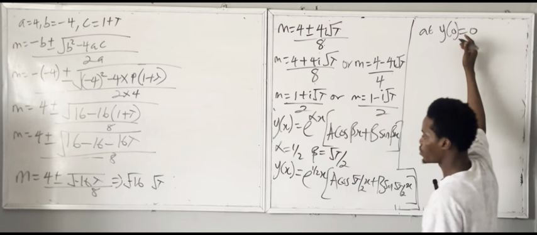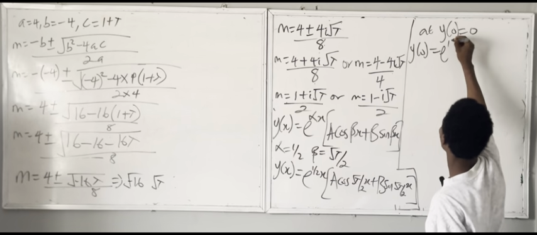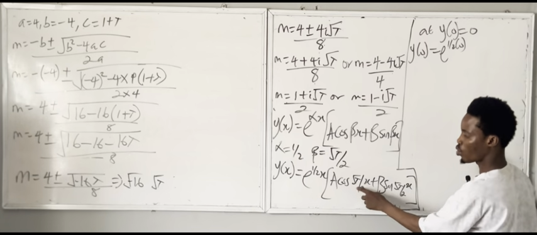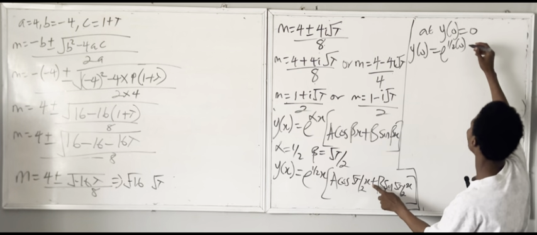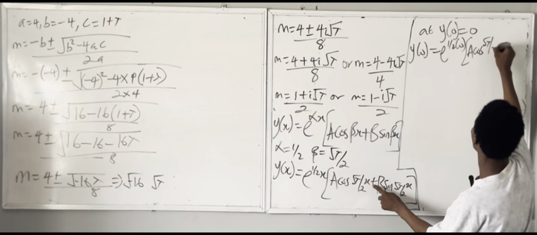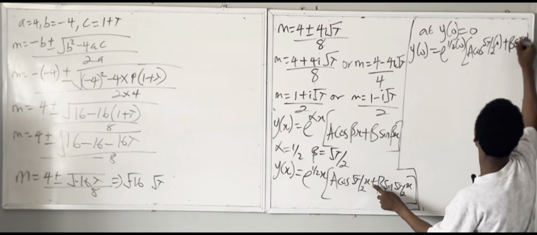So that means x is 0. So if I put 0 here, I'm going to have A cos of square root of lambda over 2 multiplied by 0, plus B sine of square root of lambda over 2 multiplied by 0.